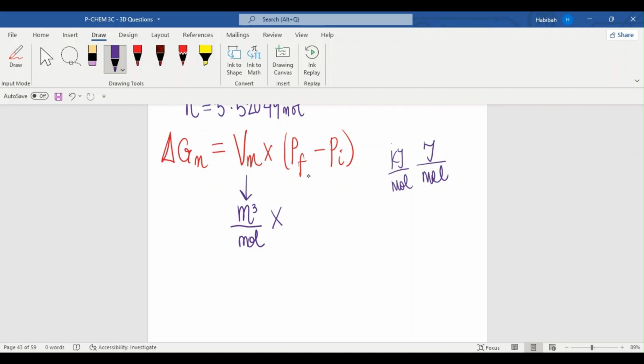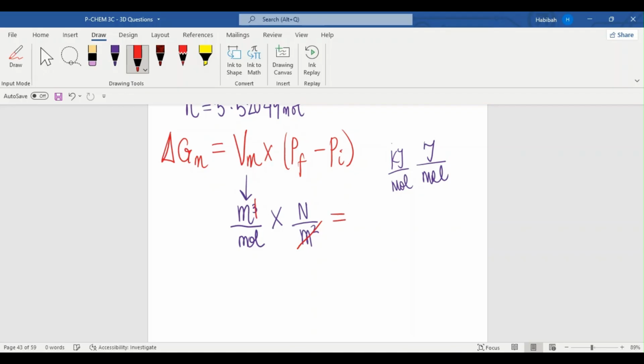Another name for Pascal is Newton per meter squared, because pressure is defined as force over area. The unit for force is Newton, the unit for area is meter squared when you think about SI units. So we simply cancel out meter squared, and meter cube over meter squared is just m.